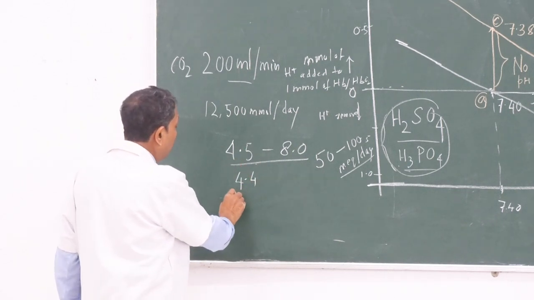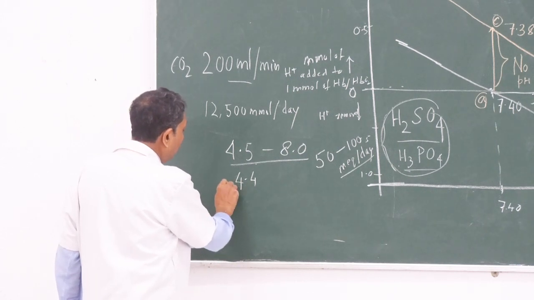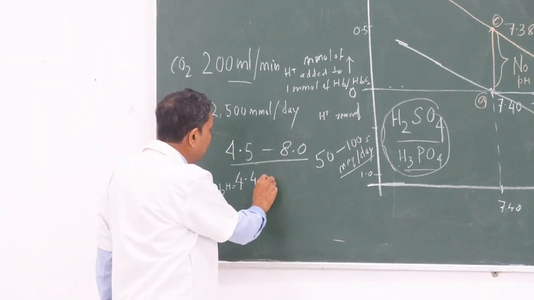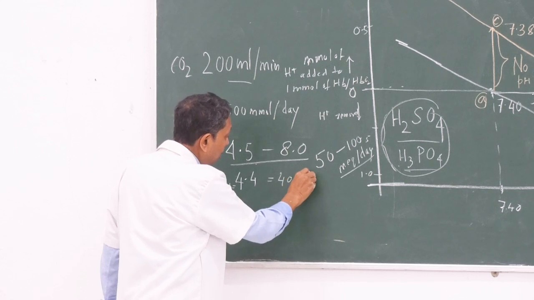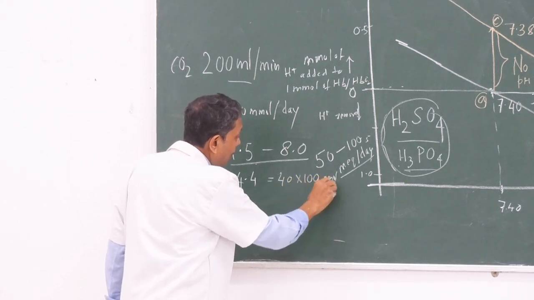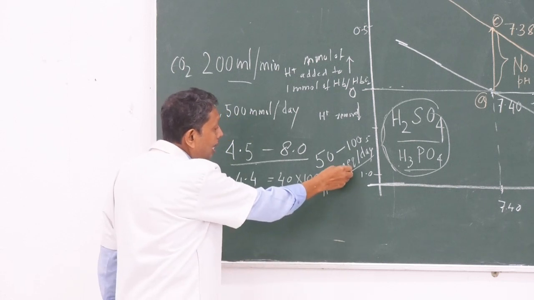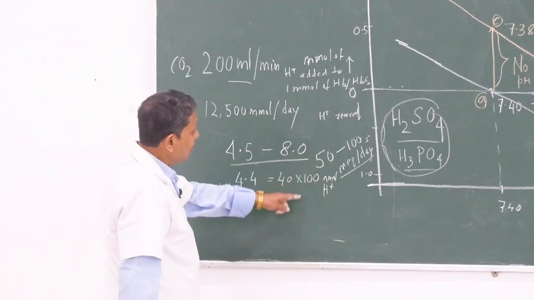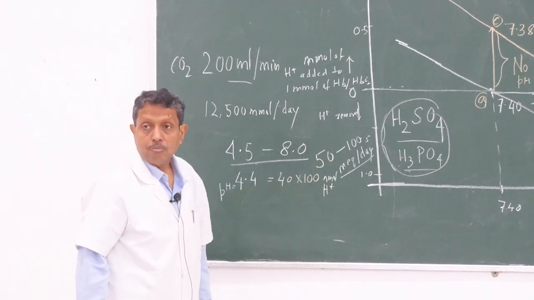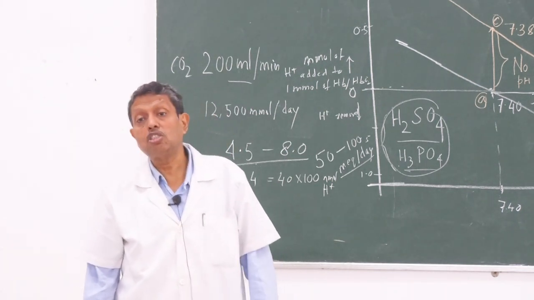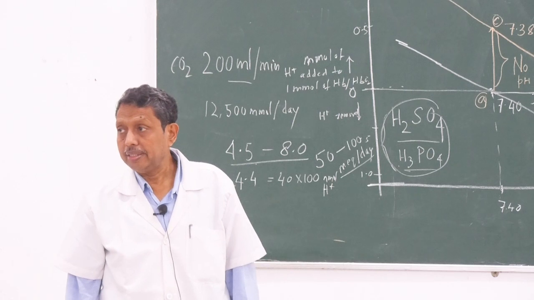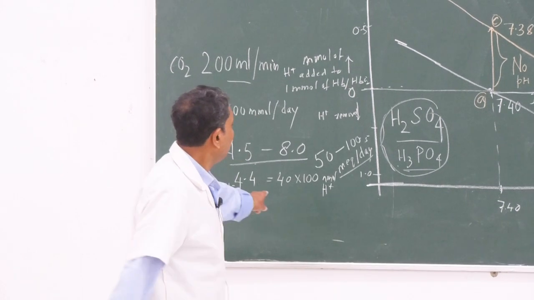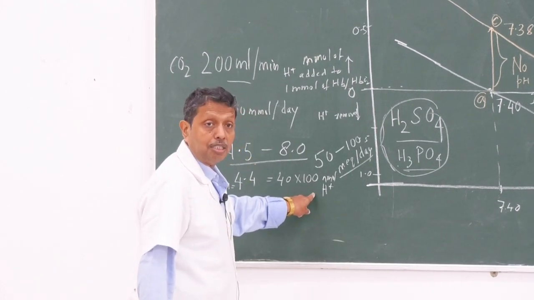In comparison to 7.4, when it is pH 4.4, the hydrogen ion concentration is 1000 times that of 7.4, so it will be 40 into 1000 nanomole of hydrogen ion to be eliminated. And if you consider the milliequivalents or millimoles per day, it is much higher than this. More than 1000 liters of urine would theoretically have to be produced. Clear? In the free form, only this small amount can be eliminated in the urine when it is maximally acidified.